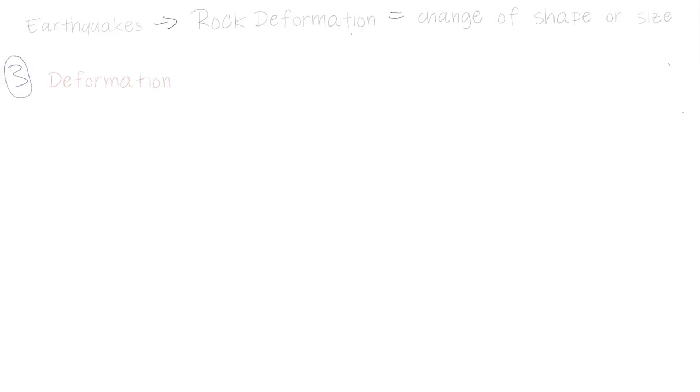But deformation could happen to the rock in 3 different ways. There's always more variations in the process. It's not just as simple as deformation. So the 3 different ways, first is elastic deformation. I'll put DEF.